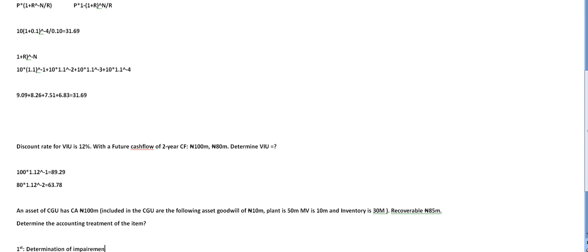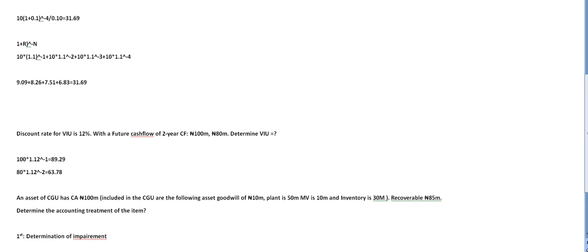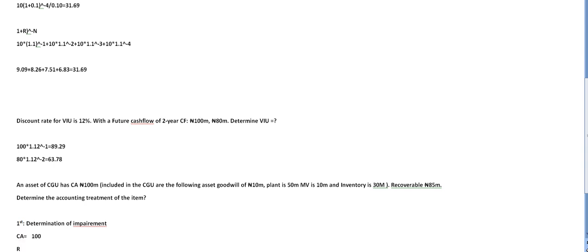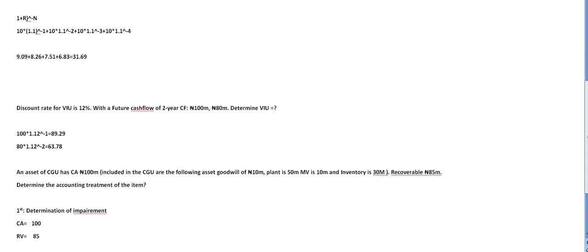Our carrying amount is equal to 100 million. And then the recoverable value equals 85 million. So there is an impairment of 15 million.